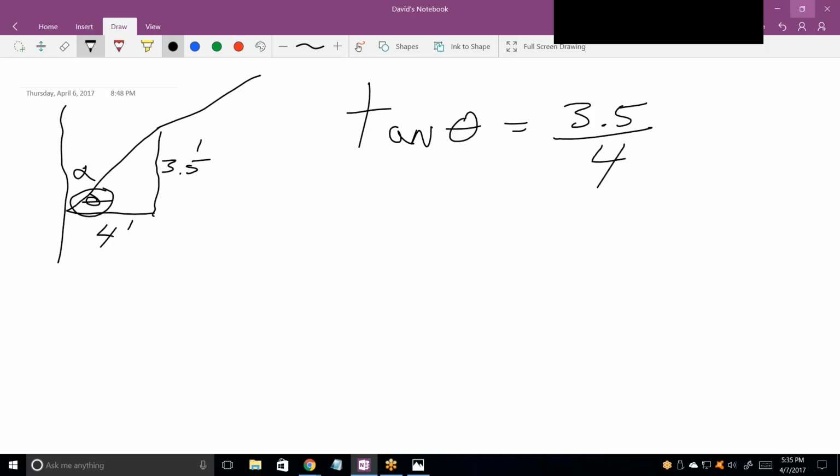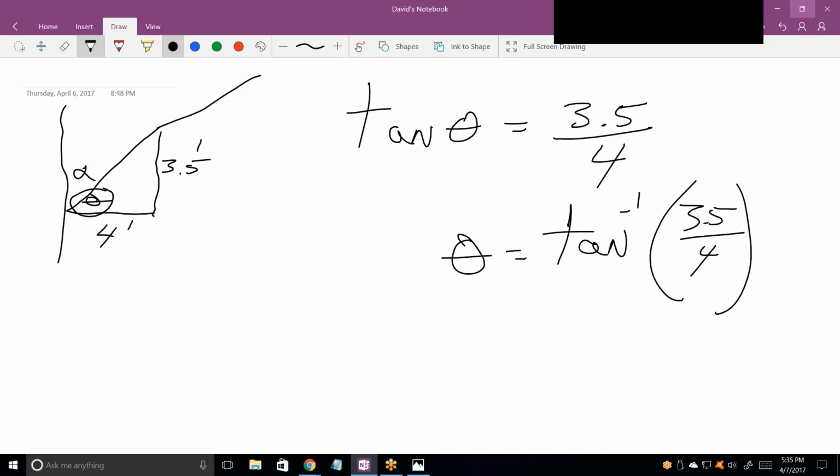All right. Now, how do I solve for theta? You take the inverse sine? Inverse tangent. Or, sorry, yes, inverse tangent of 3.5 over 4. Do you have your calculator? Yes. What angle does that come out to be? 41.2.